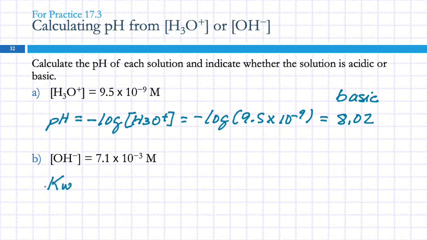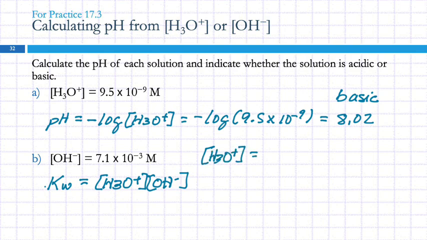So Kw is going to be the hydronium times the hydroxide. So the hydronium ion concentration, which is what we need for pH, is going to be Kw, 1.0 times 10 to the minus 14, divided by the hydroxide ion concentration given.